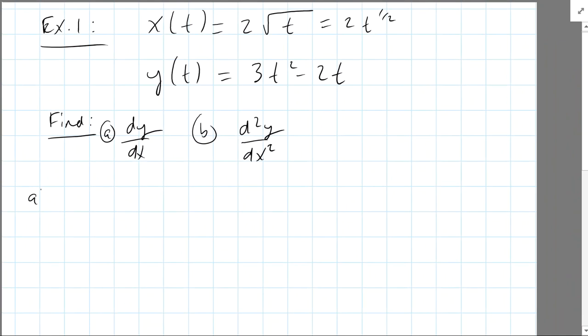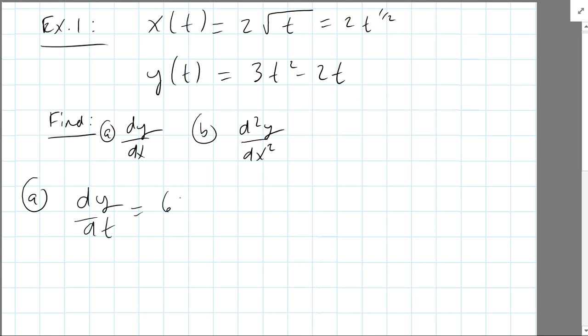So for part A, if I want dy dx, do I need dy dt? So for the y, what's the derivative of y with respect to time? 6t minus 2, right? What's dx dt? It's going to be 2 times a half, and then it's t to the what power? Negative 1/2.